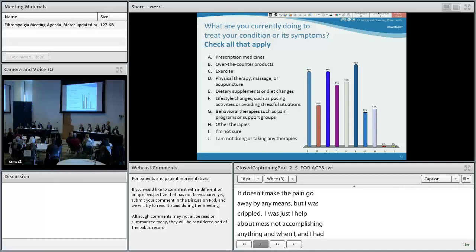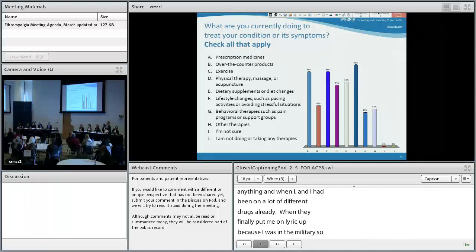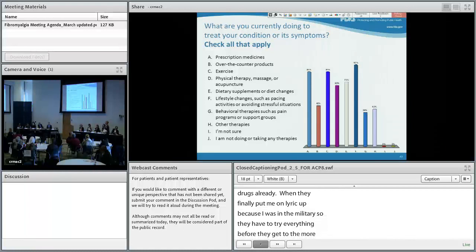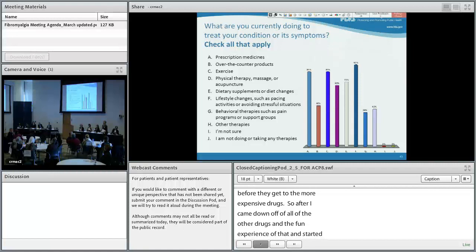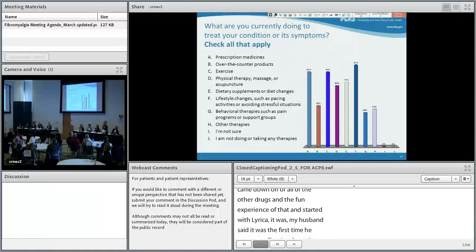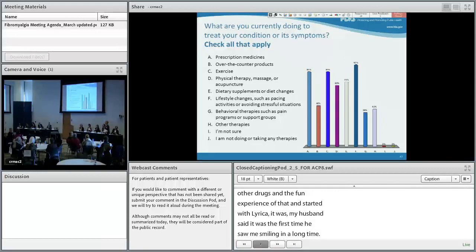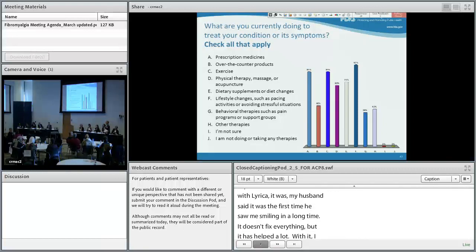And when they finally put me on Lyrica, because I was in the military, so they have to try everything before they get to the more expensive drugs. So after I came down off of all the other drugs and the fun experience that is, and started with Lyrica, my husband said it was the first time he saw me smiling in a long time. So, it doesn't fix everything, but it has helped a lot.